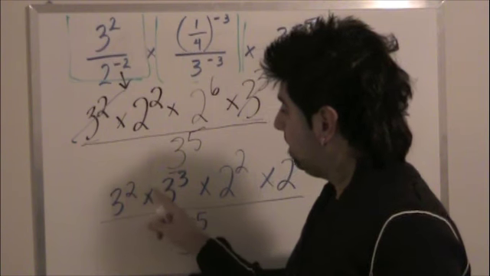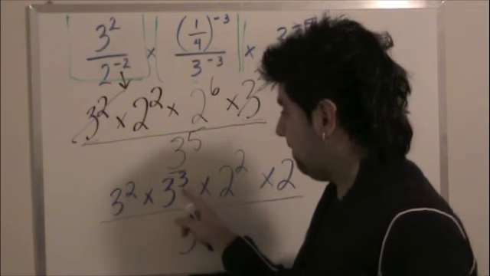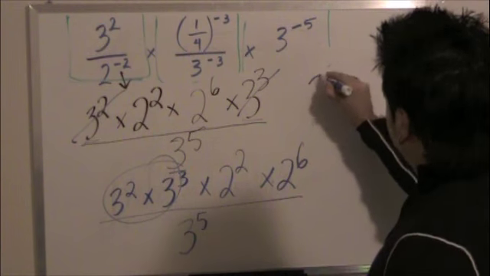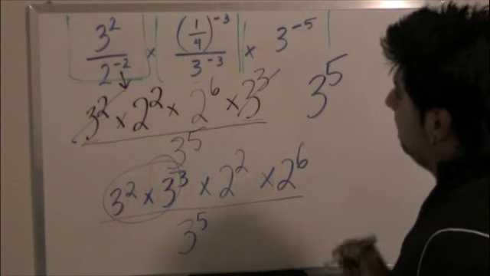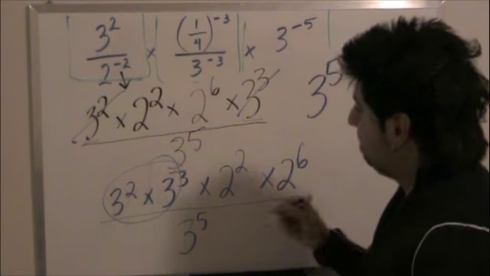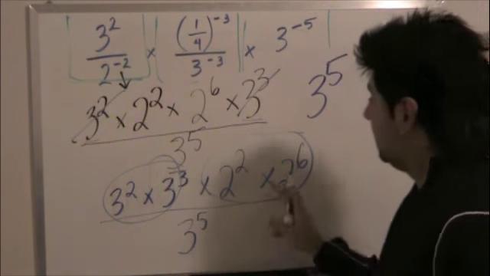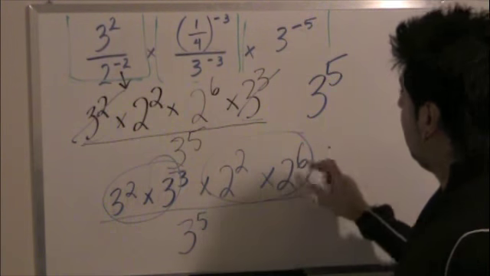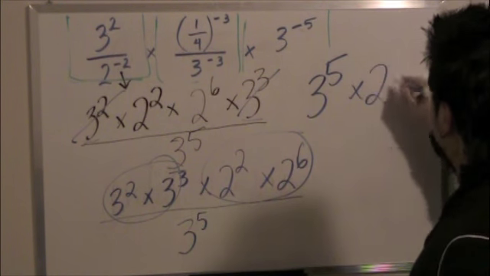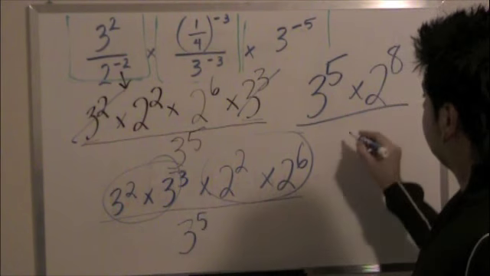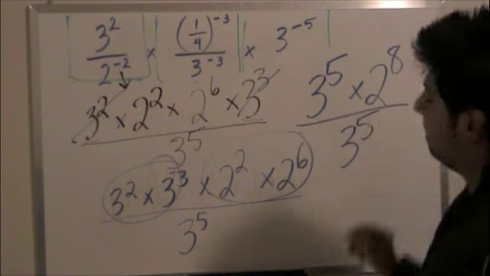So we have 2 plus 3 is 5. So this part here simplifies to 3 to the power of 5. This part here, 2 to the power of 2 times 2 to the power of 6, simplifies to 2 to the power of 8. And then the bottom just stays as 3 to the power of 5.